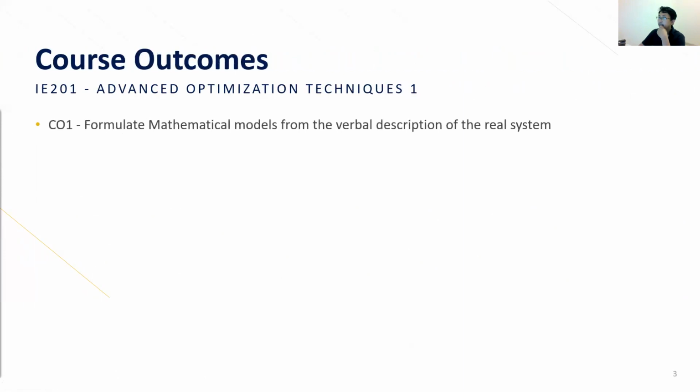The course outcome is CO1. For this session, I think we will discuss more on the theory first, and next week we will try to solve using mathematical programming software, so that we have hands-on experience on how to solve this type of problems.